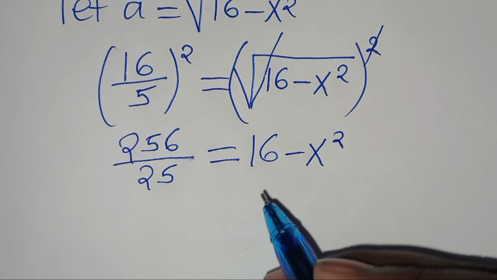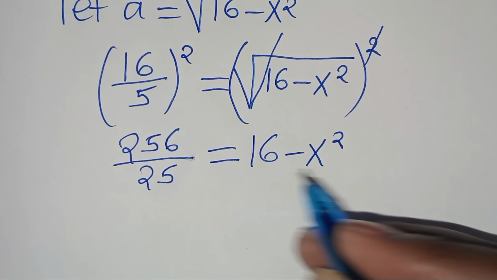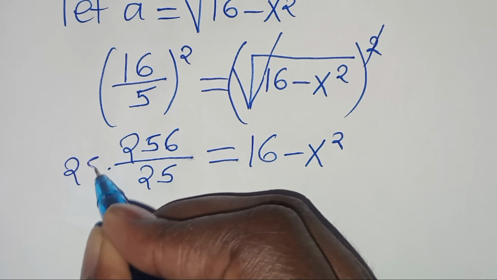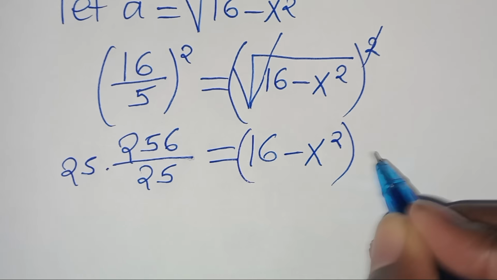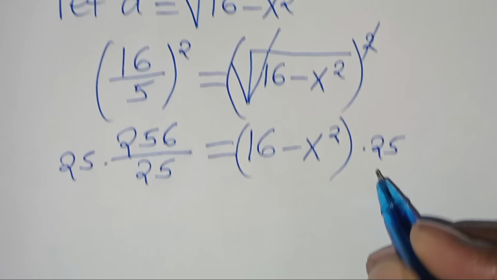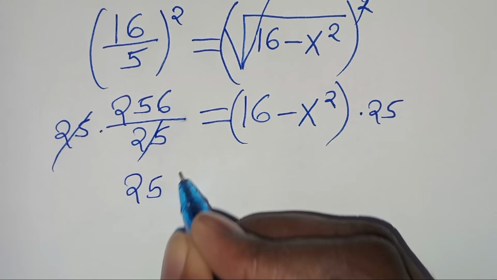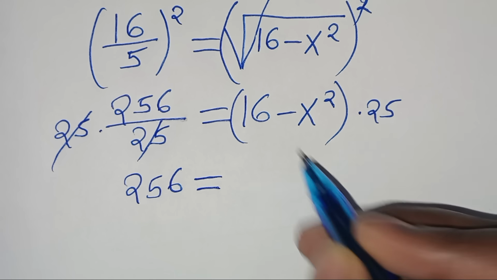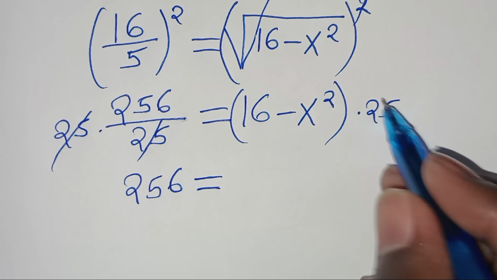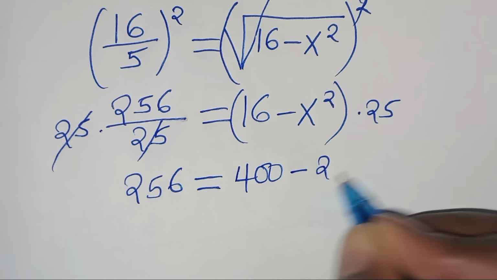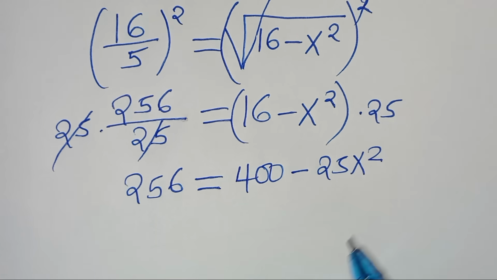Now, the next step is to multiply both sides by 25, so that the 25 and 25 simplify. So we have 256 equal to 16 times 25, which is 400, minus 25 x to the power of 2.